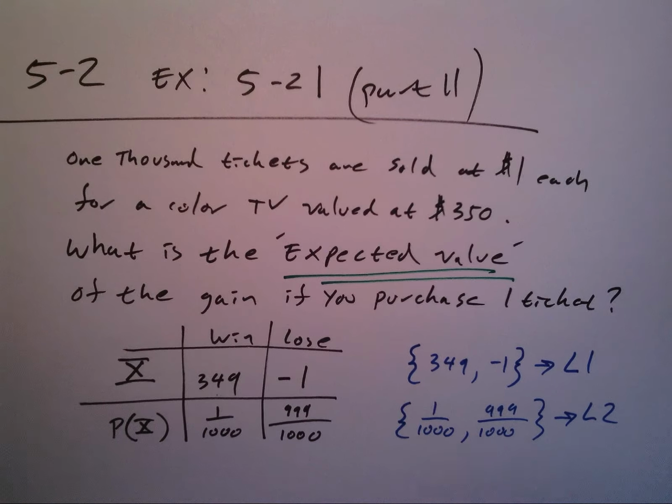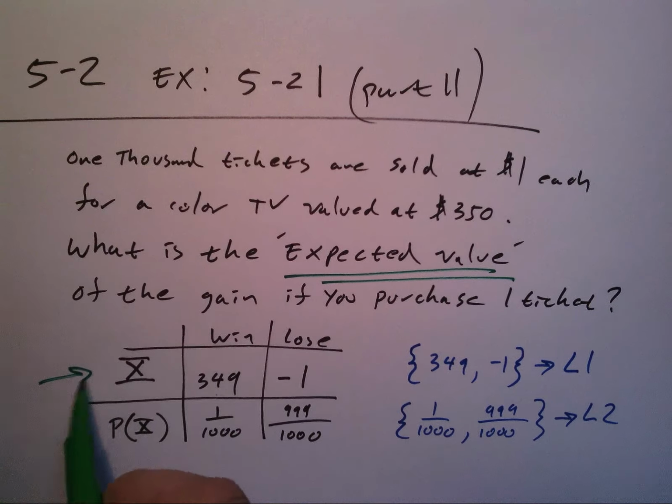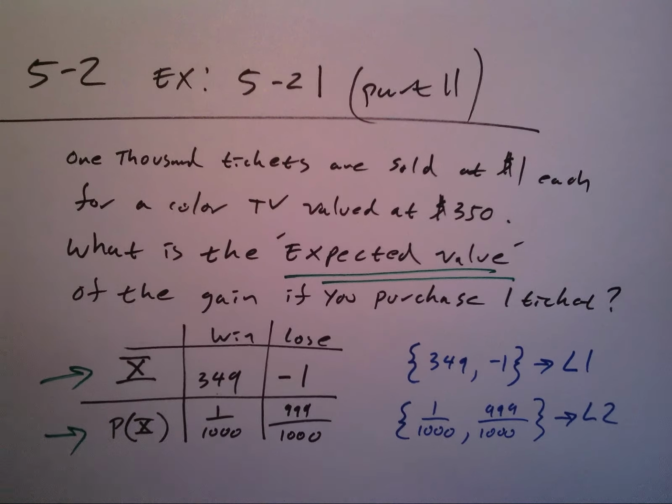Now, other games of chance don't always have a win and a lose. There could be win the grand prize, win the medium prize, win third prize, etc. But the same idea is attached to it. You're making a probability distribution. To be a probability distribution, you need two things: outcomes and the likelihood for each of those outcomes.